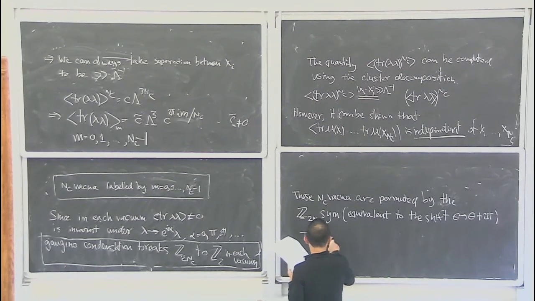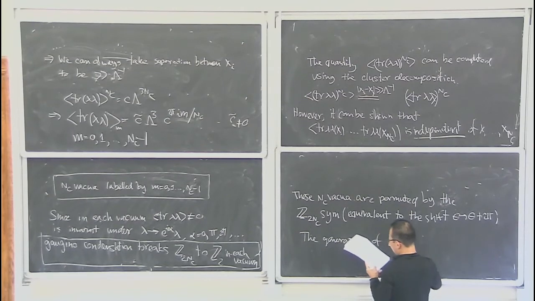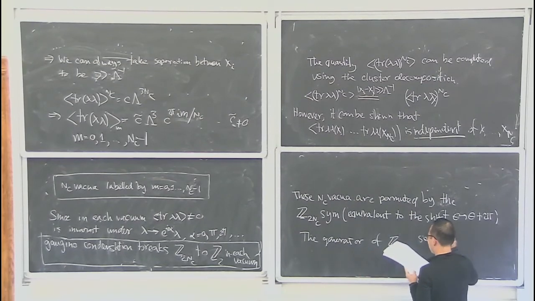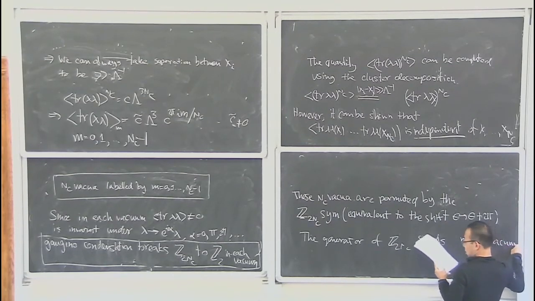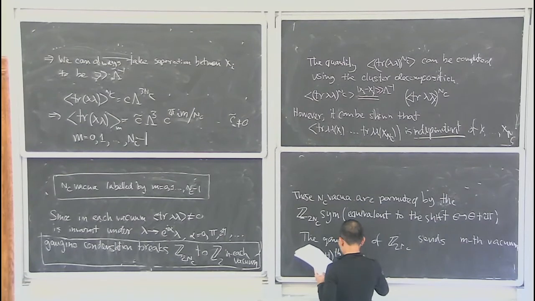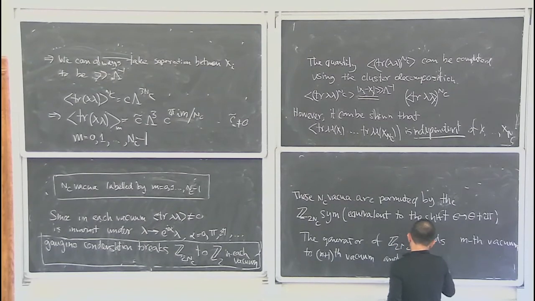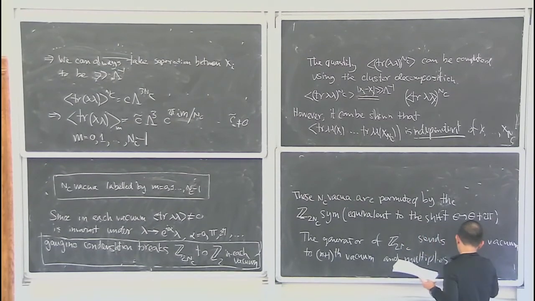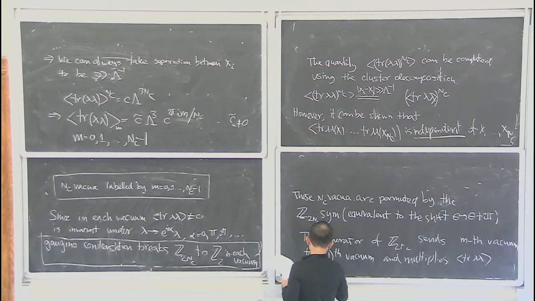The generator of Z_2N_c sends the m-th vacuum to the (m+1)-th vacuum and multiplies trace lambda lambda by e to the 2 pi i over N_c.